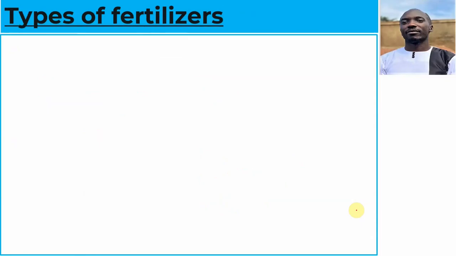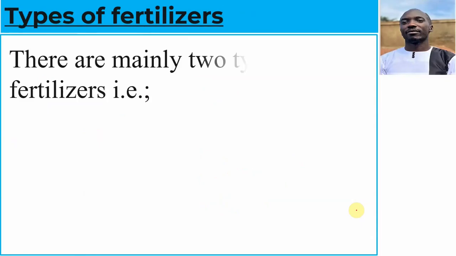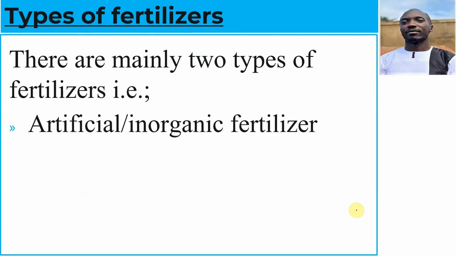Let's move on. Let's look at types of fertilizers. We say that there are mainly two types of fertilizers, and that is artificial, or what we can call inorganic fertilizers. At times we can call them synthetic, which are mainly made by man in the industries.